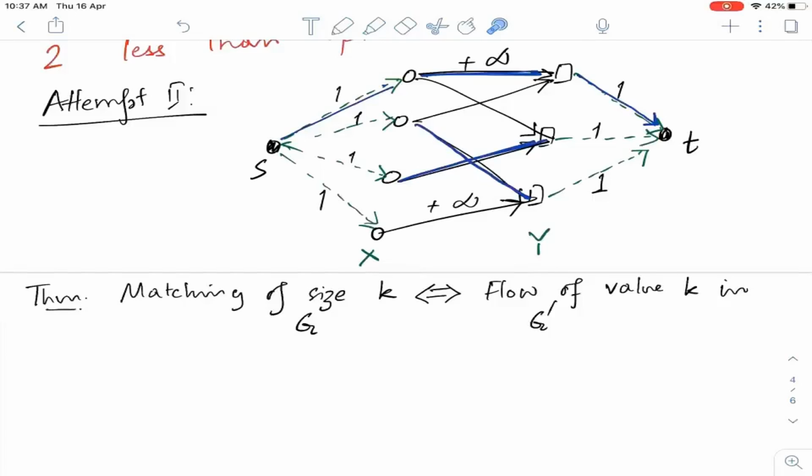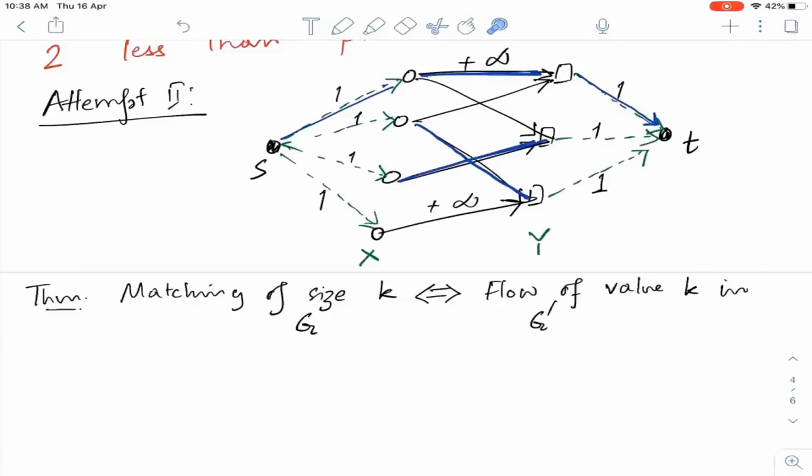And if so, then I'm essentially done, right? Because I can again apply this decomposition into paths, and then I can just pick the edges between X and Y which are part of these paths.